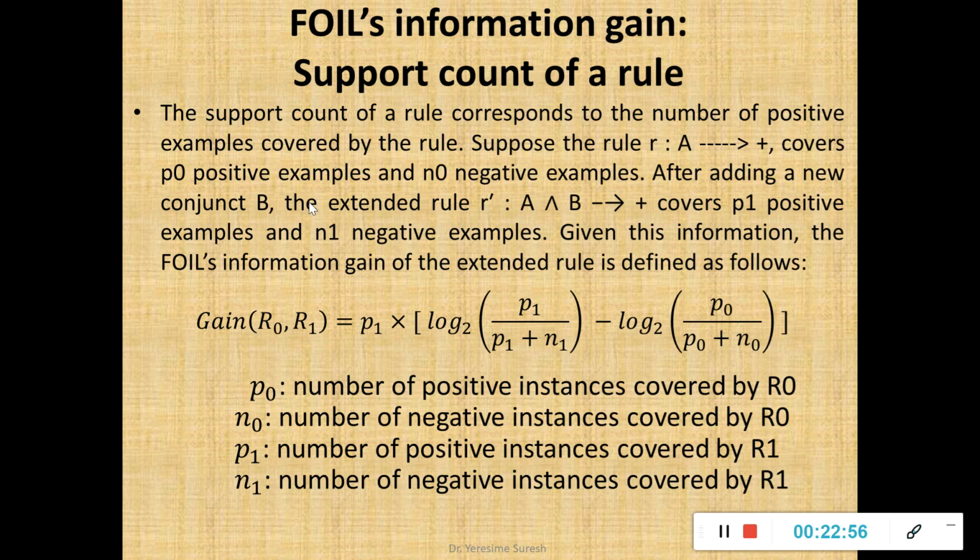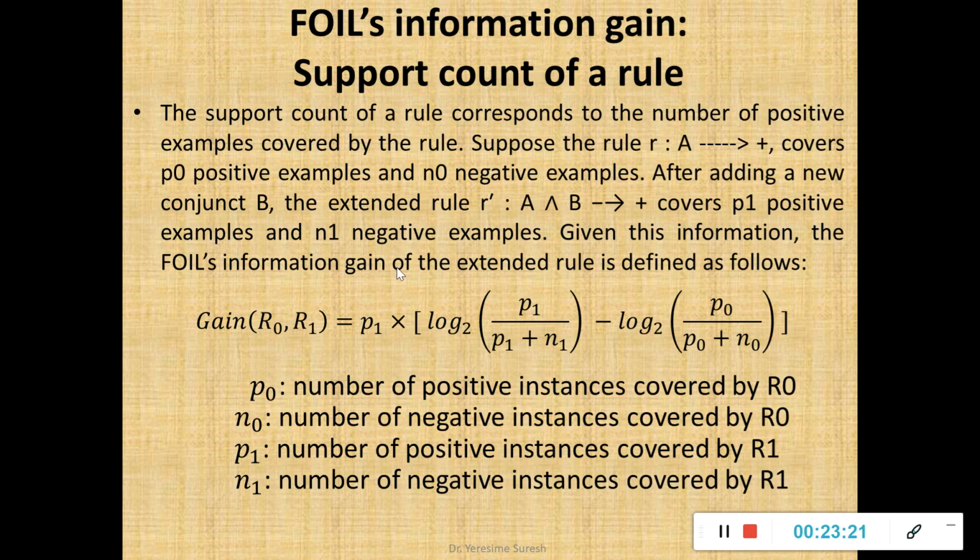After adding a new conjunction B, the extended rule R dash, wherein I have two conjuncts, covers P1 positive examples and N1 negative examples. For example, I will add rule R1 with P1 as 50 and N1 as 5. Again I will add rule R2, P2 as 2, N2 as 0.